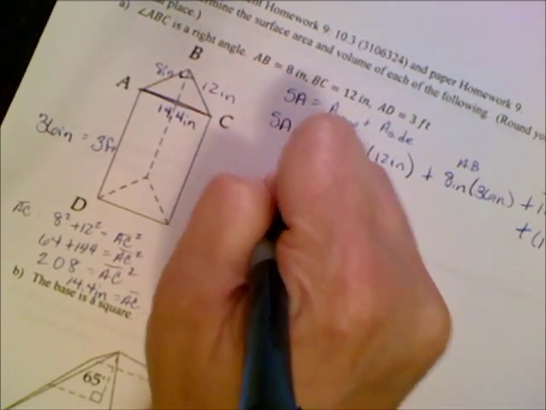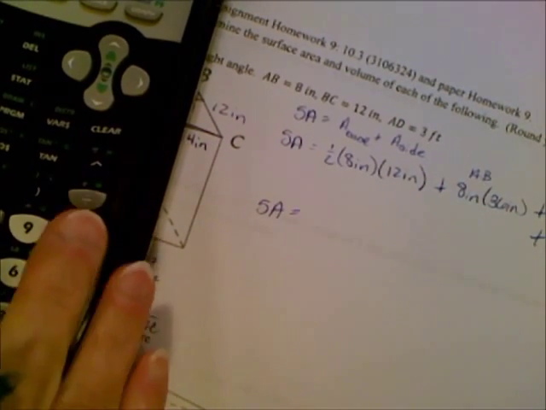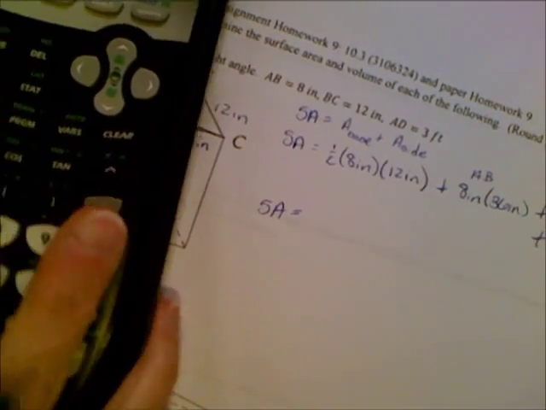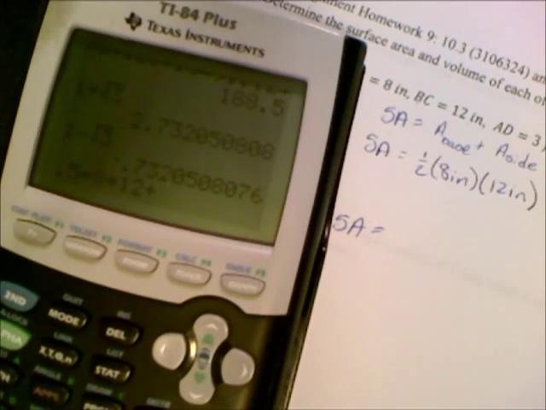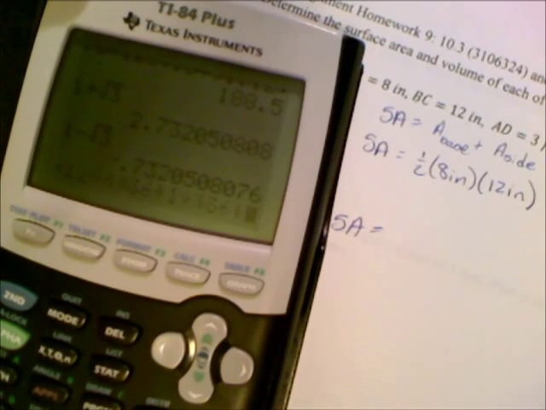And so my surface area comes out to be, gotta find the calculator, 0.5 times 8 times 12 plus 8 times 36 plus 12 times 36 plus 14.4 times 36.